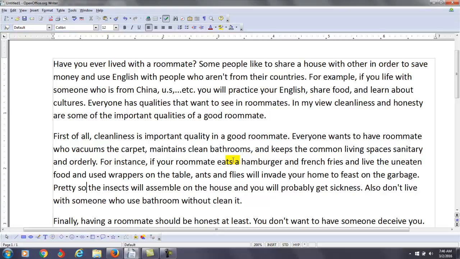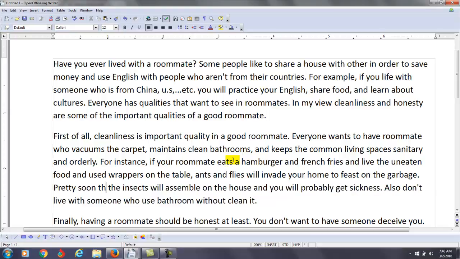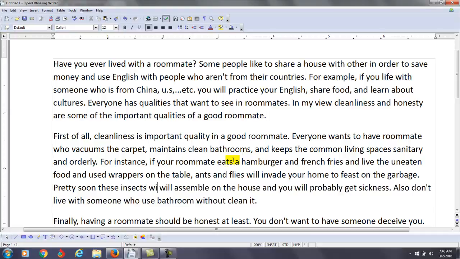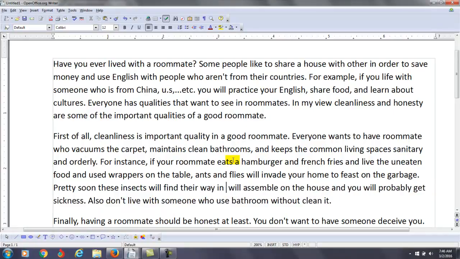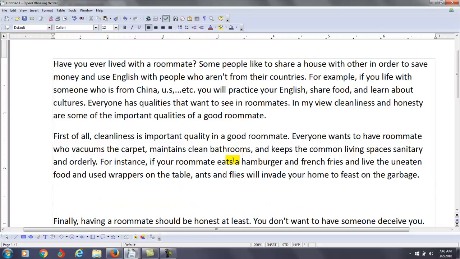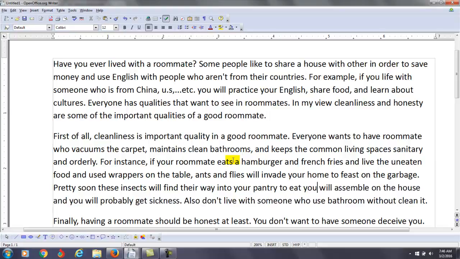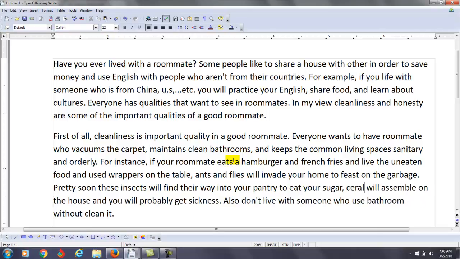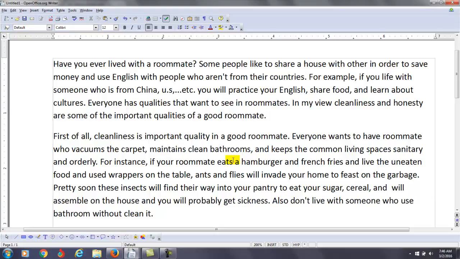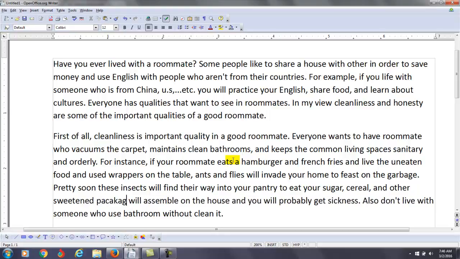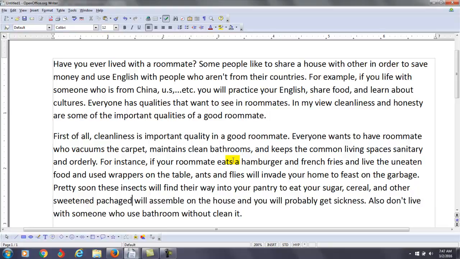you can say pretty soon. Then I'm going to say these insects will find their way into your pantry to eat your sugar, cereal, and other sweetened packaged foods.